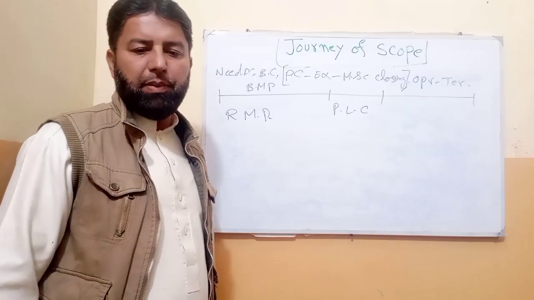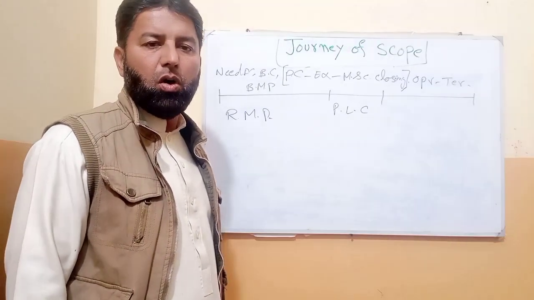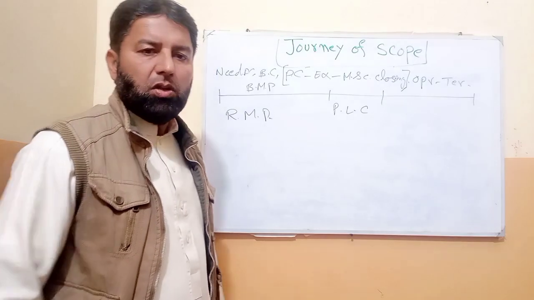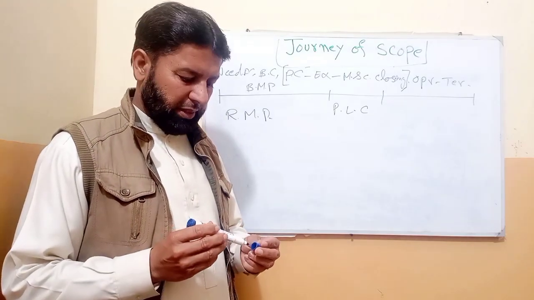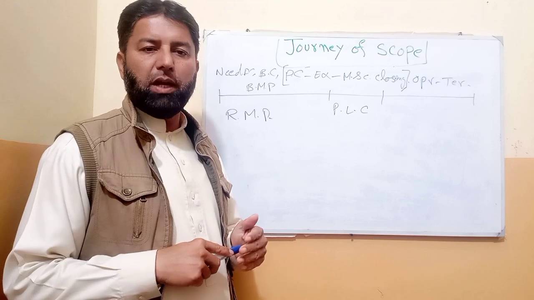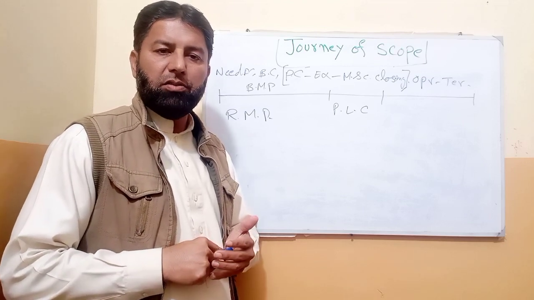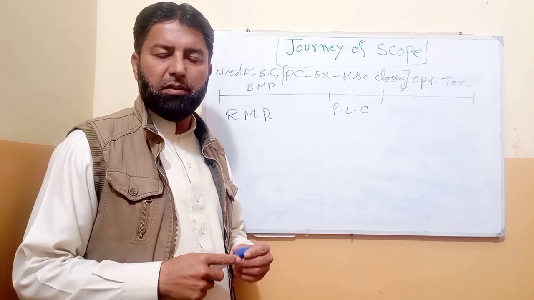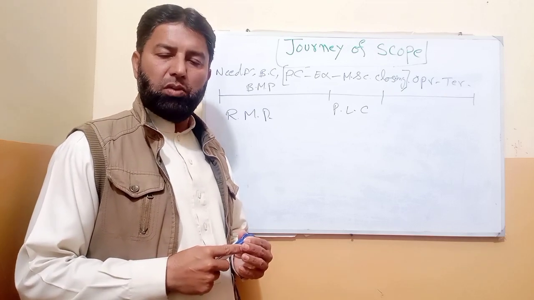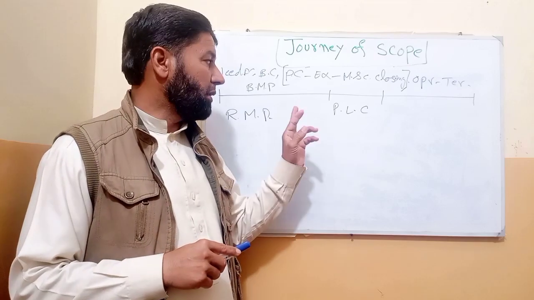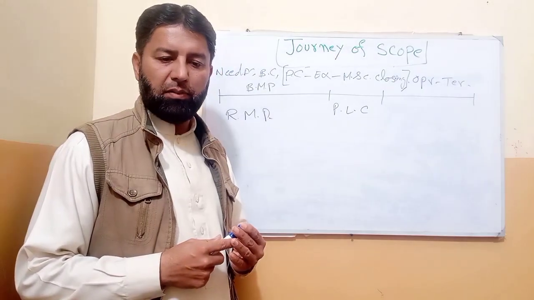The requirement management plan will tell us how to collect the requirements. There are many tools and techniques we use to collect the requirements, and these are very important because we use them in many other areas of the project life cycle.